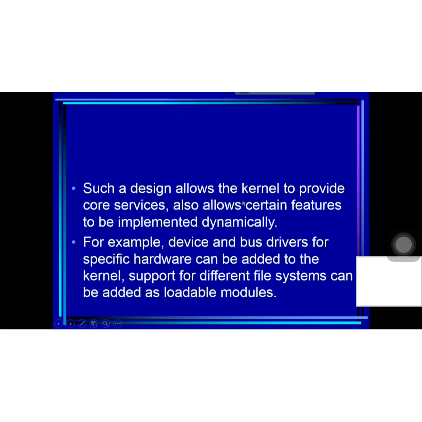Such a design allows the kernel to provide core services, yet also allows certain features to be implemented dynamically. For example, device and bus drivers for specific hardware can be added to the kernel. Support for different file systems can be added as loadable modules.